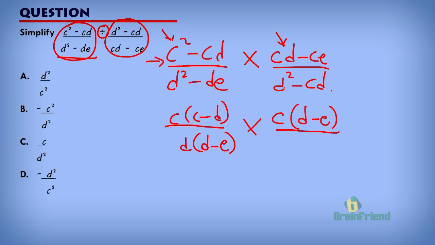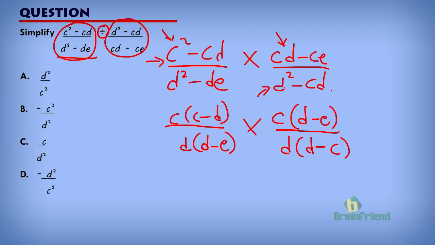Again, for our expression there, d is common also. We have d minus c. So we have c (c minus d) over d (d minus e), times c (d minus e) all over d (d minus c).